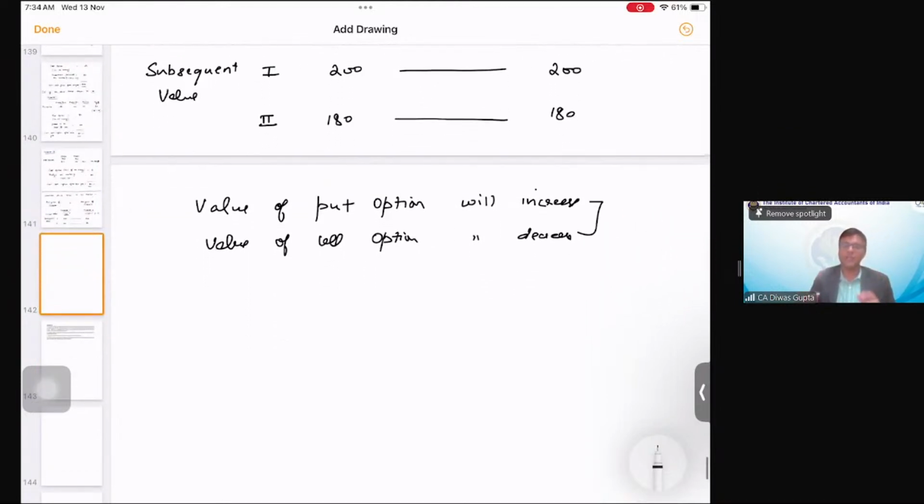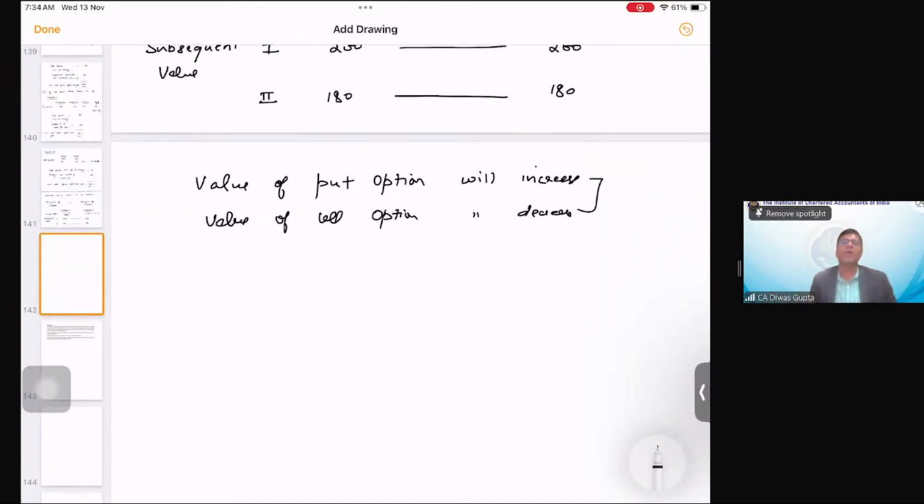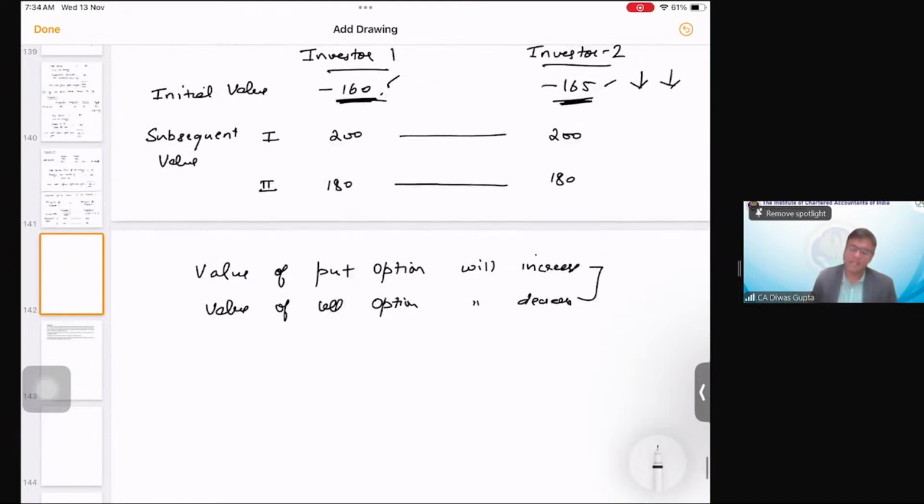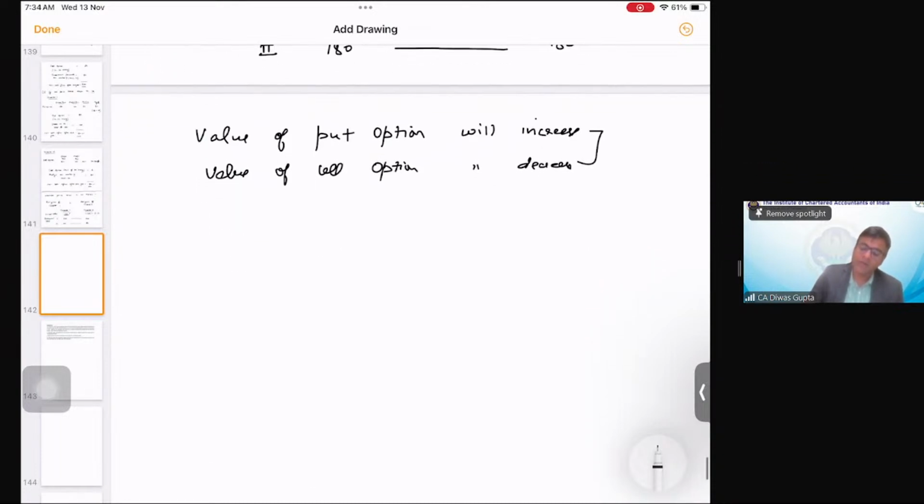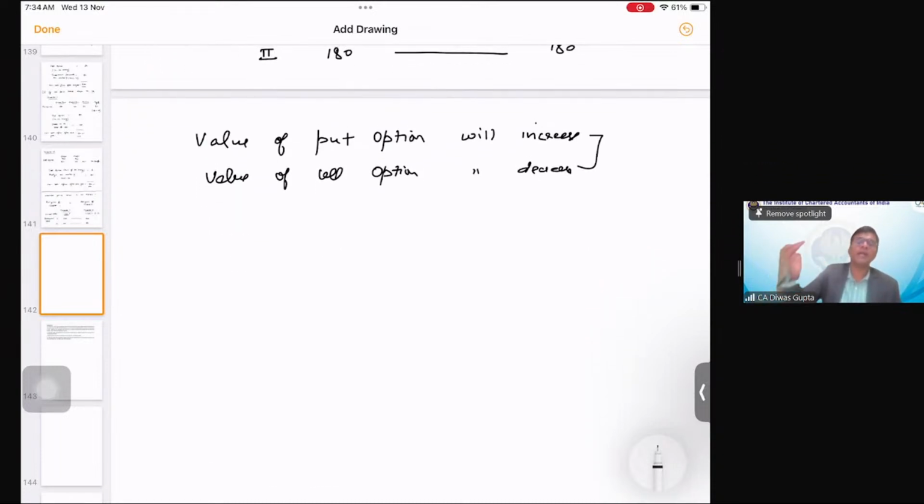So these market forces will adjust the prices of the call option and put option in such a way that this and this become equal. The portfolio values will become equal because their subsequent realization is also equal. So the initial cash flows will also be equal. So this gives us what?